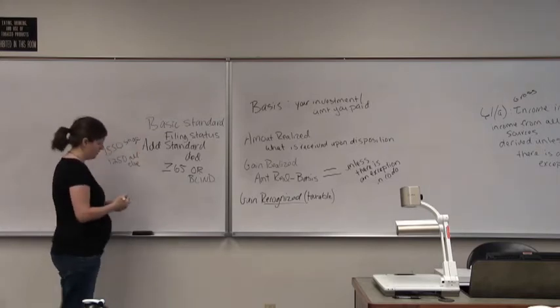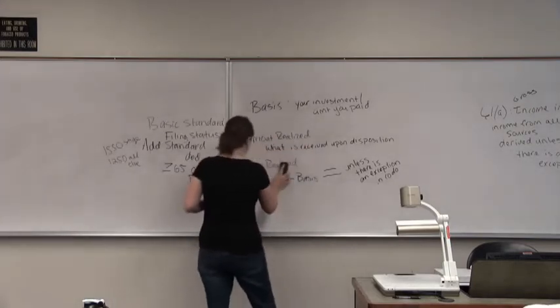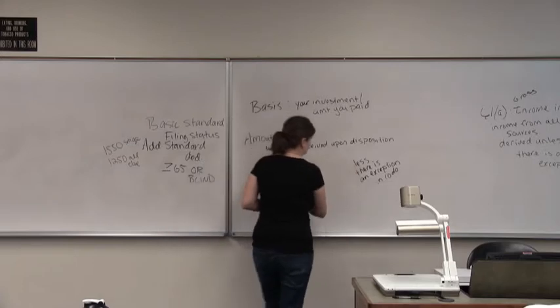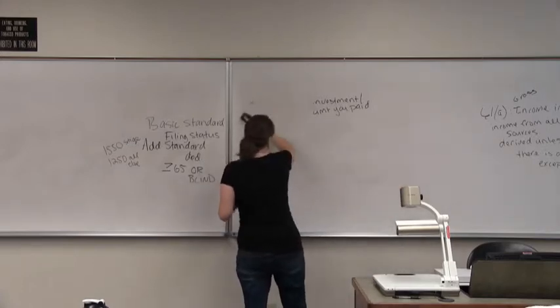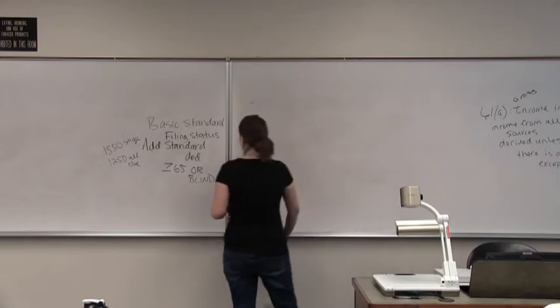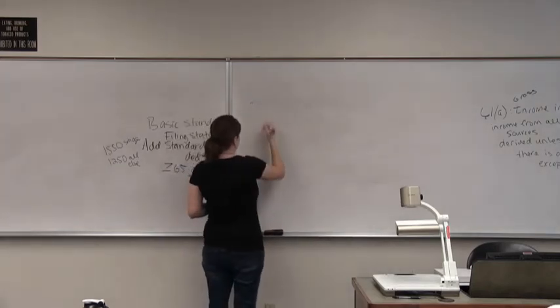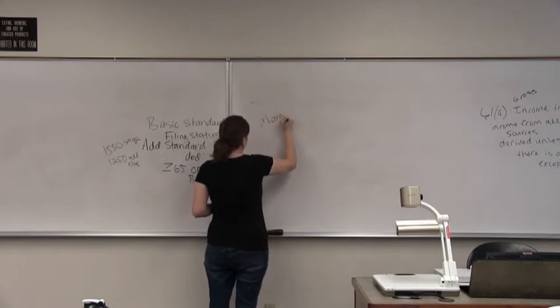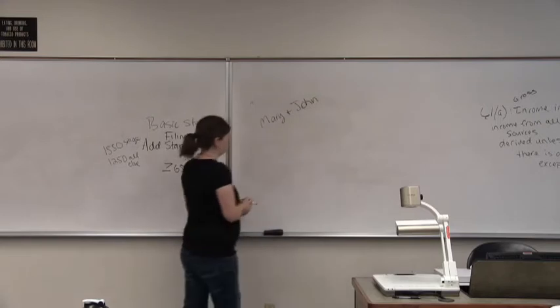So let's do a couple examples here. I know there are examples in the book, which are pretty much exactly the same as mine. Okay, so let's say we have Mary, and then we have John, and they are married.